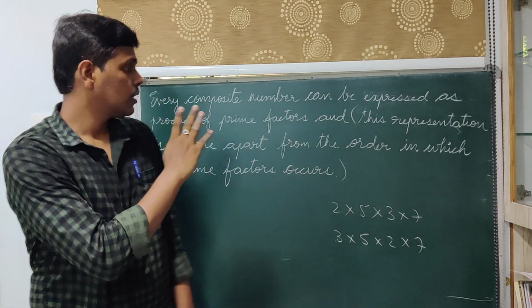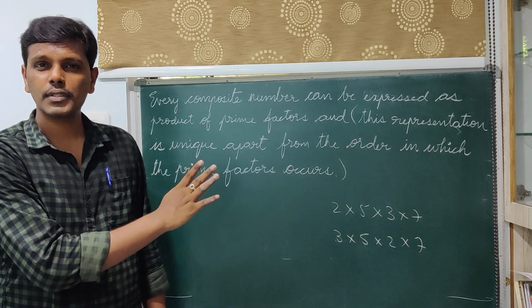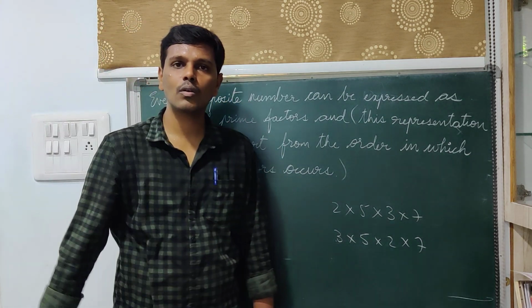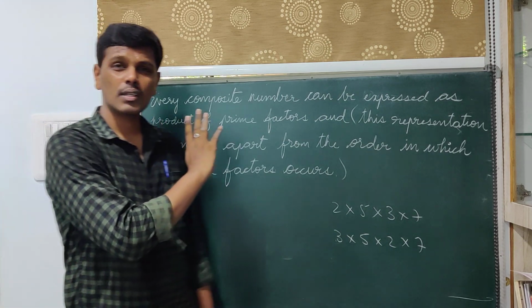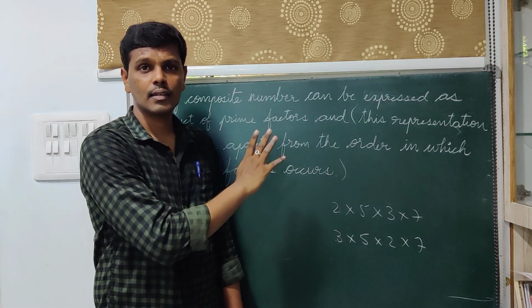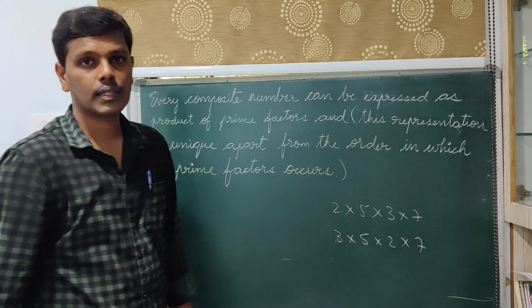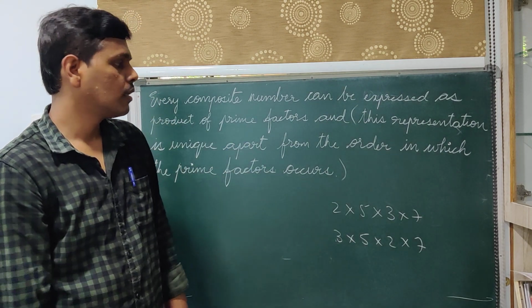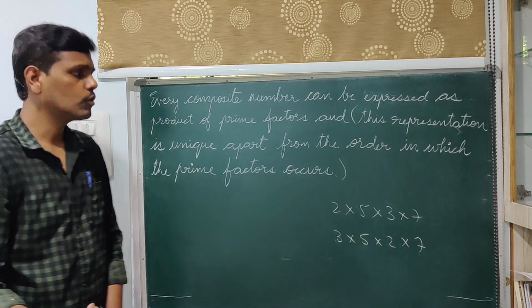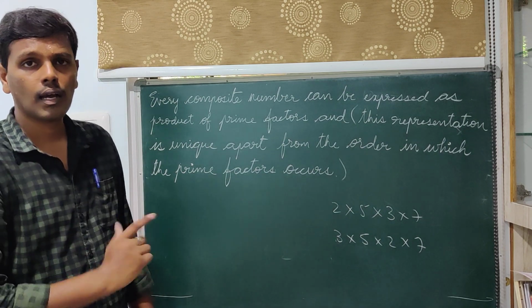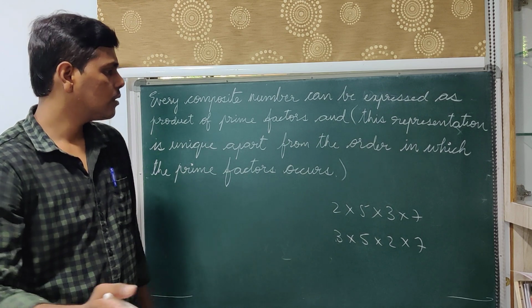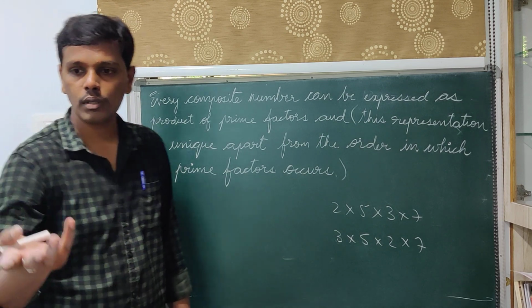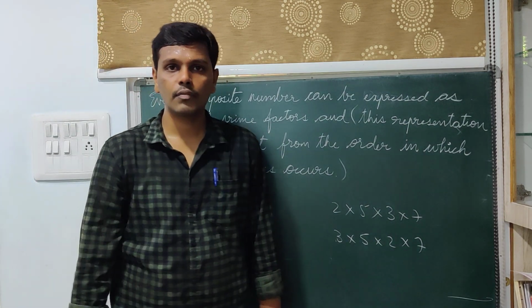I have not stressed much upon doing prime factorization because you have already learnt it in your lower classes, so I have moved a bit quicker. If you want me to explain, then I'll explain how to go about doing prime factorization. If you know it, you can do it, because the problems are also there regarding prime factorization.